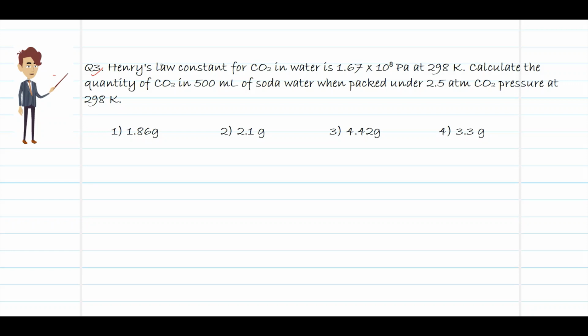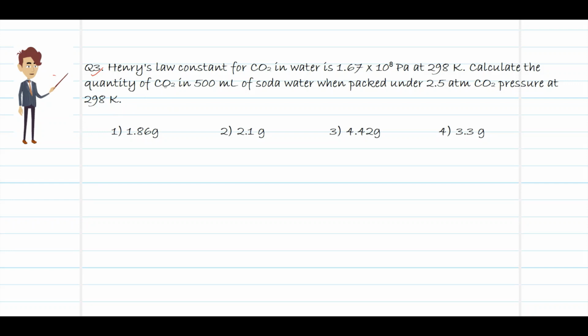Question 3. Henry's law constant for CO2 in water is 1.67 into 10 raised to 8 Pascal at 298 Kelvin. Calculate the quantity of CO2 in 500 ml of soda water when packed under 2.5 atmosphere CO2 pressure at 298 Kelvin.